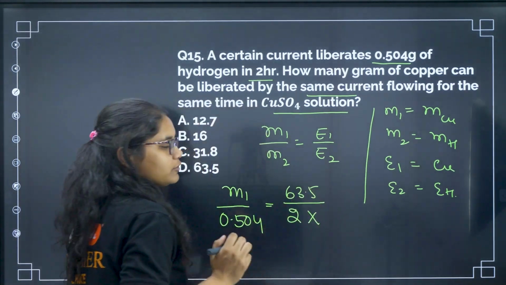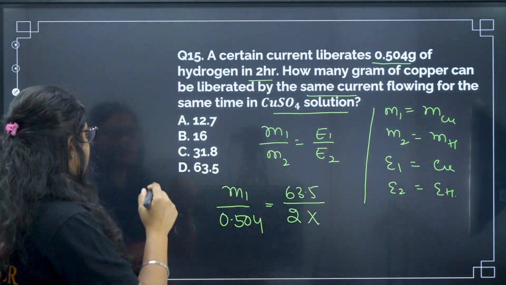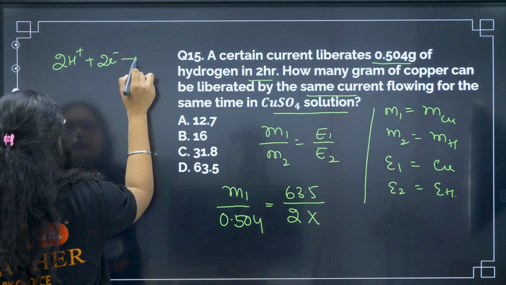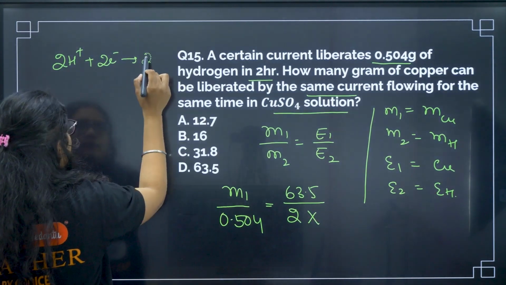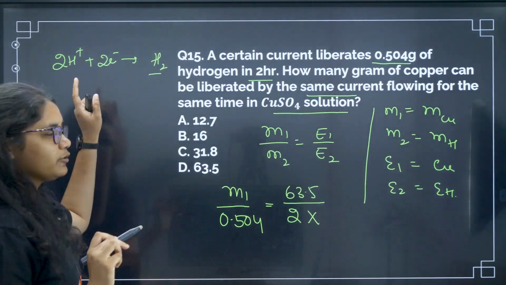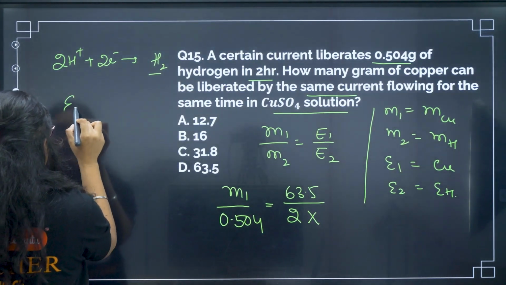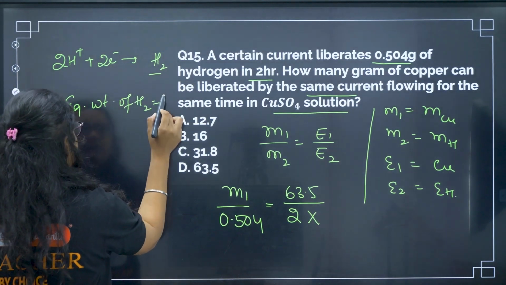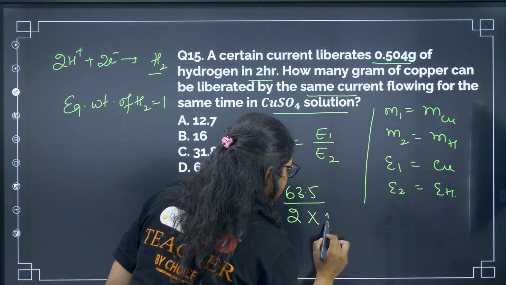Then hydrogen equivalent weight is 2 by 2, right? Because the reaction is what? 2H plus plus 2 electrons gives H2, right? So molar mass is 2 gram, number of electrons is 2. So I can write the equivalent weight of H2 is 1. So I can substitute 1 here, right?